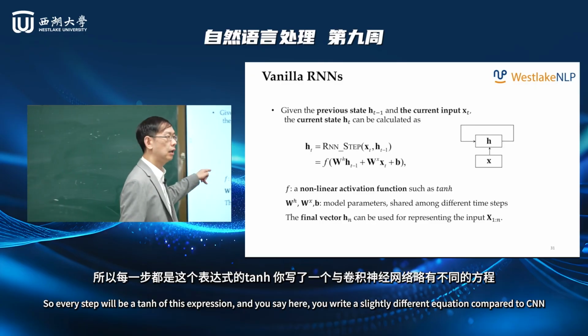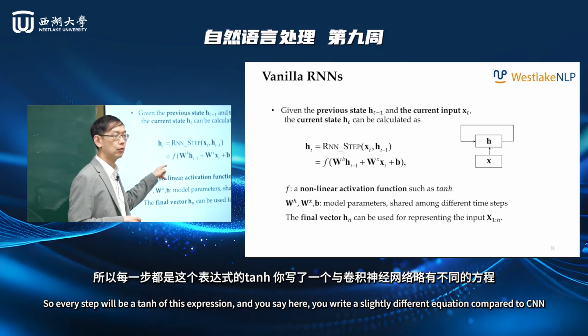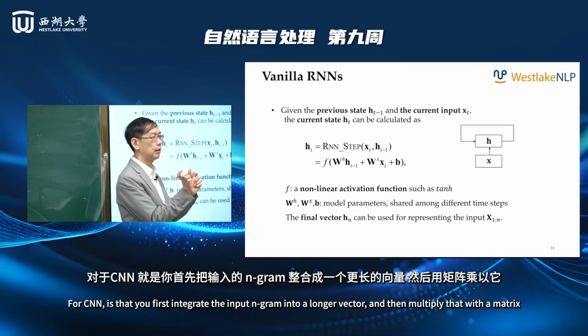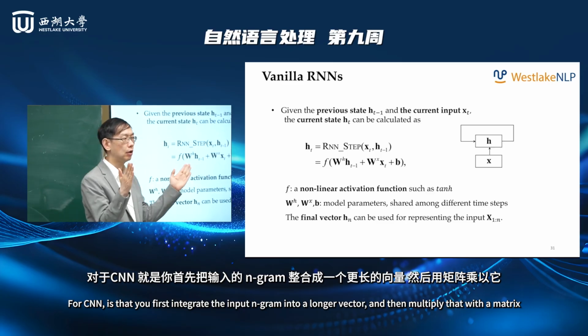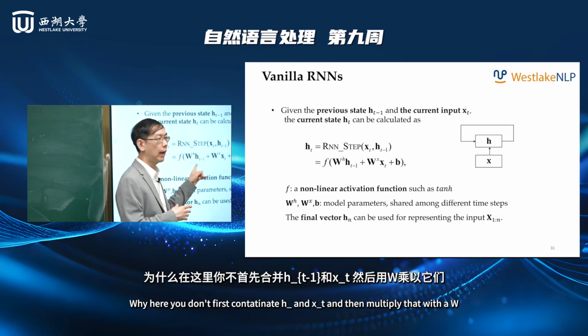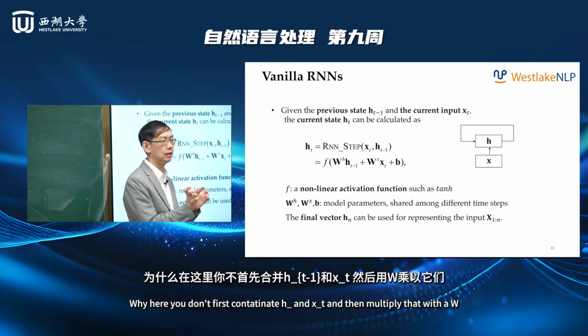And here you write a slightly different equation compared to CNN, right? For CNN, you first integrate the input n-grams into a longer vector and then multiply that with a matrix. Why here don't you first concatenate h_{t-1} and x_t and then multiply that with a W?